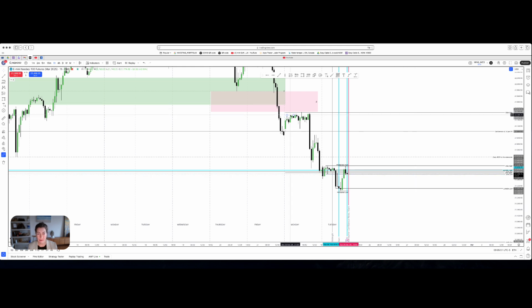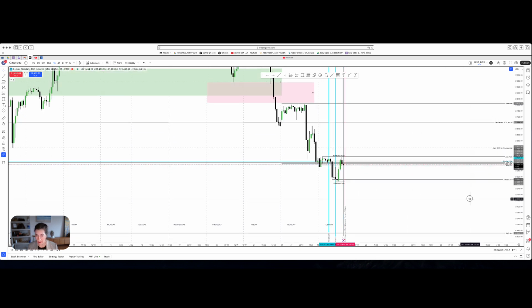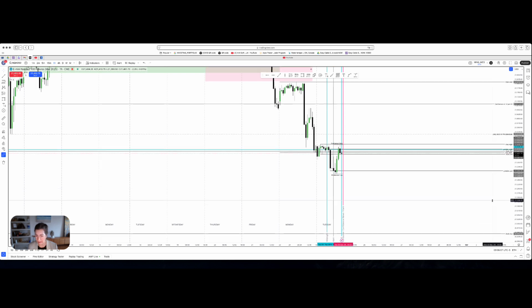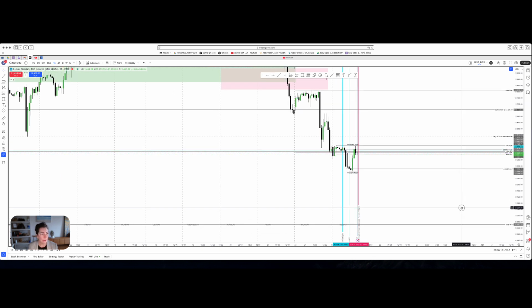All my main levels looks like I've accounted for. Here's an area of liquidity. These are equal highs. And I've got that as my previous day high on Monday. This area here, pre-market high and Asia high, is an area of liquidity on the higher time frame. Pre-market low is an area of liquidity.